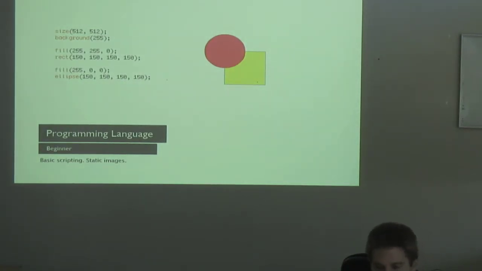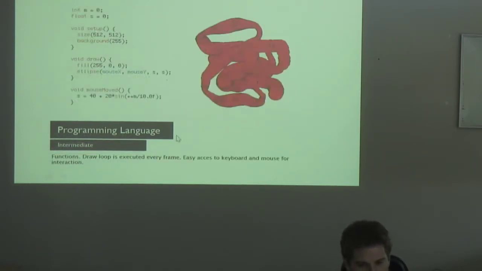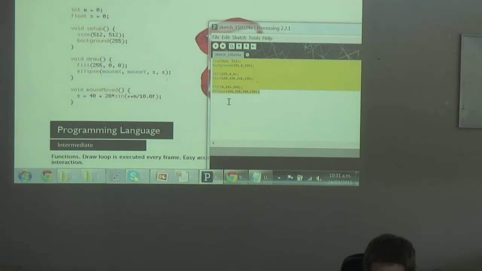And it actually is a fairly in-depth programming language. So we start at beginner level, which is what we've just looked at, and we can go to more intermediate levels. So let's quickly open this one. One thing to notice between the one we just had and this one is that in the one we just had, everything was written at the top level.